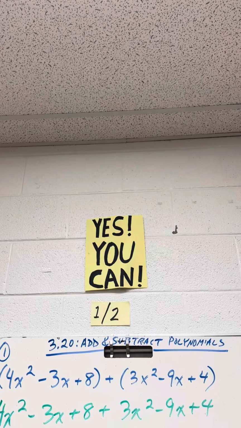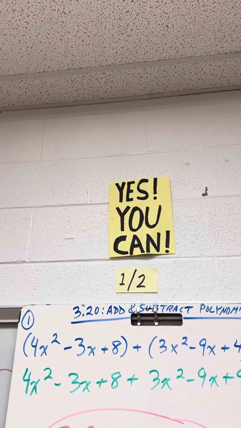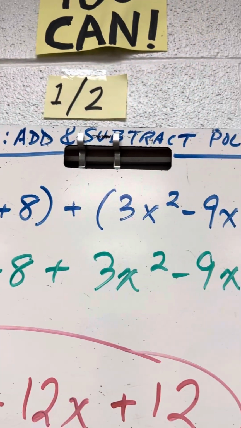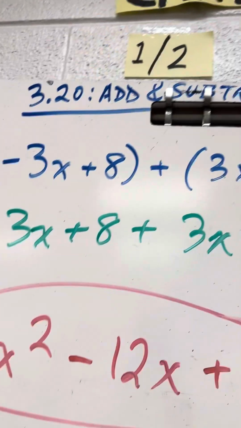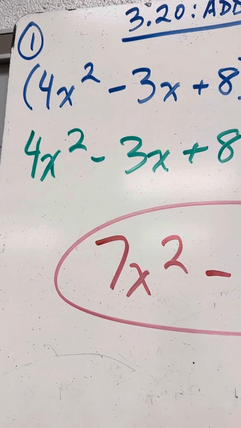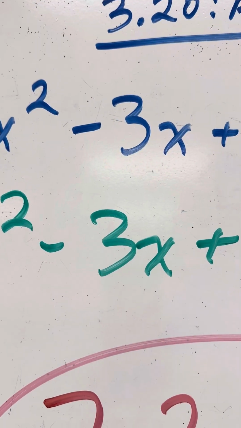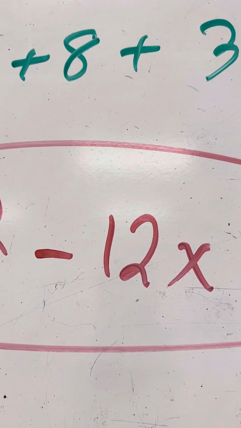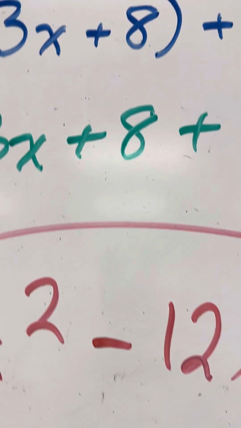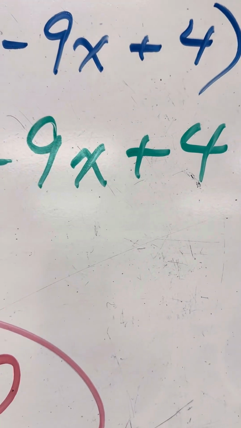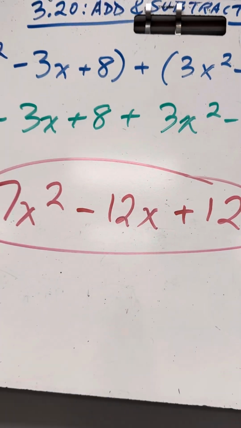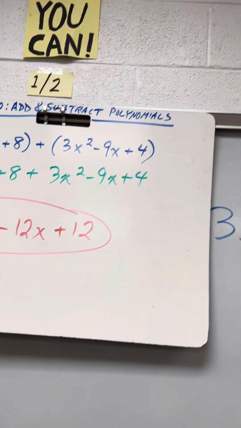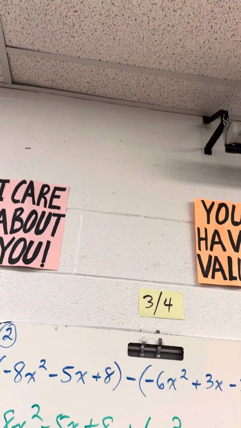I'm just going to take the parentheses away, and I'm going to combine 4x squared with 3x squared to make 7x squared. I'm going to combine negative 3x and negative 9x to make minus 12x. I'm going to combine 8 plus 4 to make plus 12. And there you go.